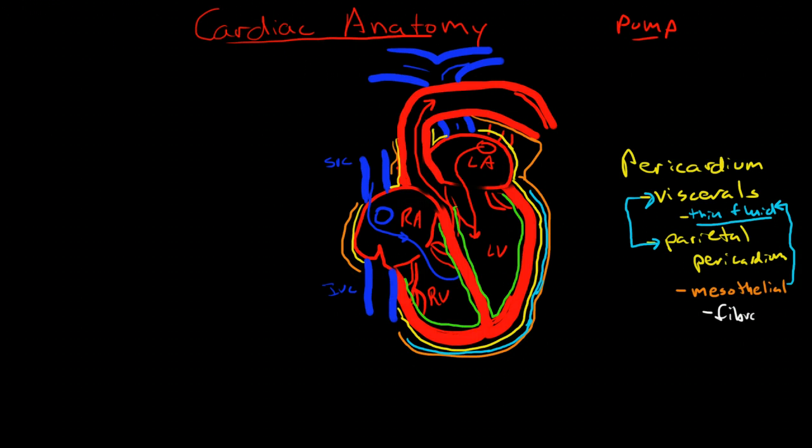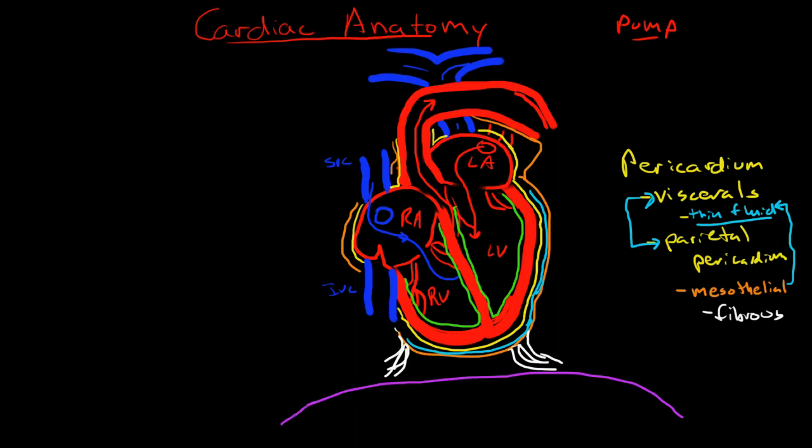Now, on the outside of this parietal pericardium, there is a very strong fibrous layer, and it is very thick in some spots, particularly down here. There are very many strands of the pericardium here, and actually it adheres to the diaphragm.